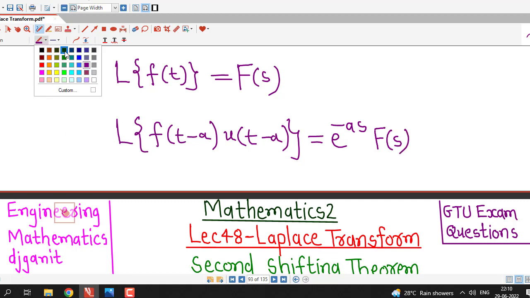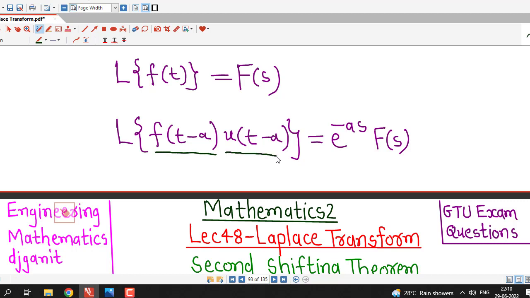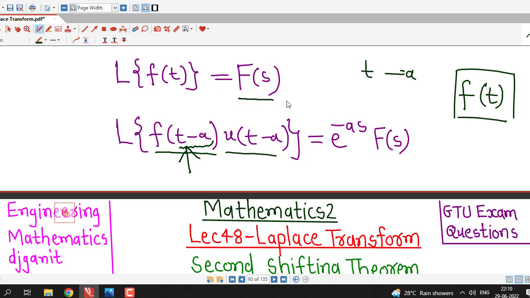So if we are interested in the Laplace transform of this type of product of f of t minus a and u of t minus a, then first we replace t minus a by t in f of t minus a. If I replace t minus a by t, I obtain f of t. Then I have to find the Laplace transform of f of t, and multiply that Laplace transform by e to the power minus as. This is the second shifting theorem.